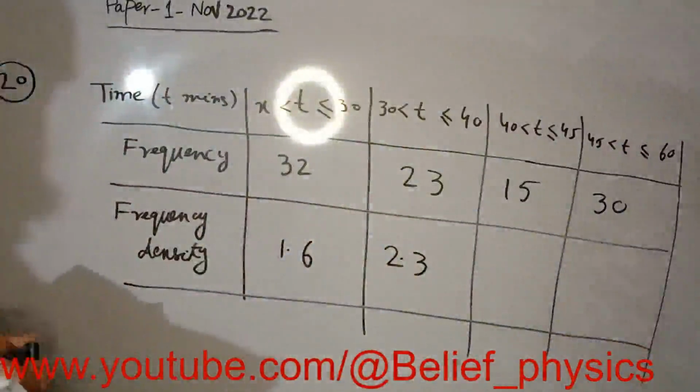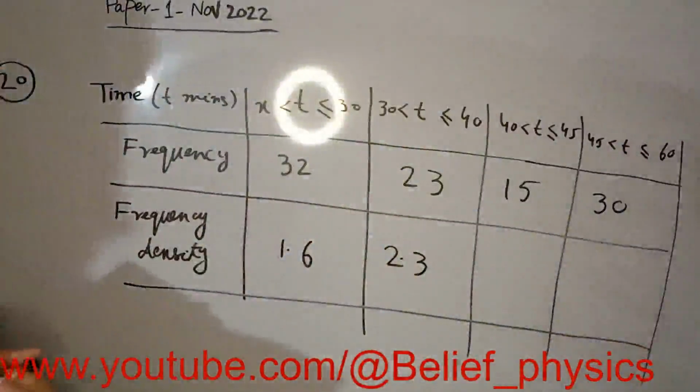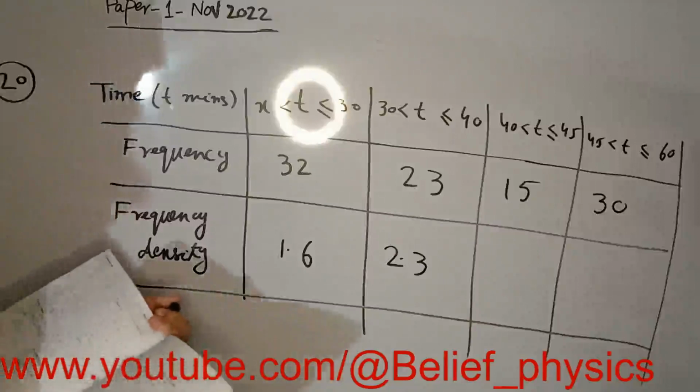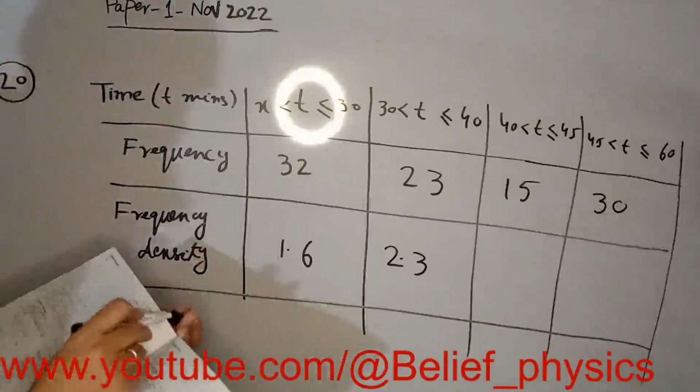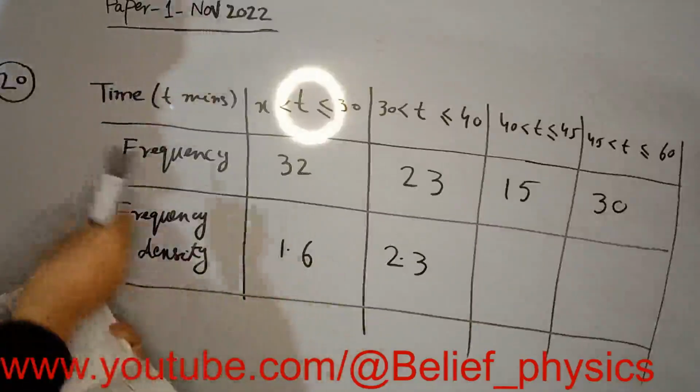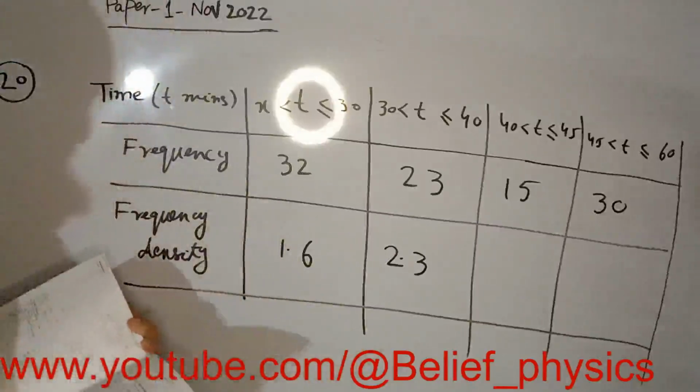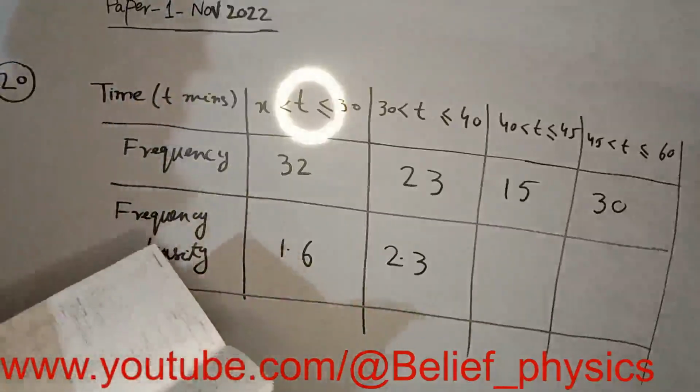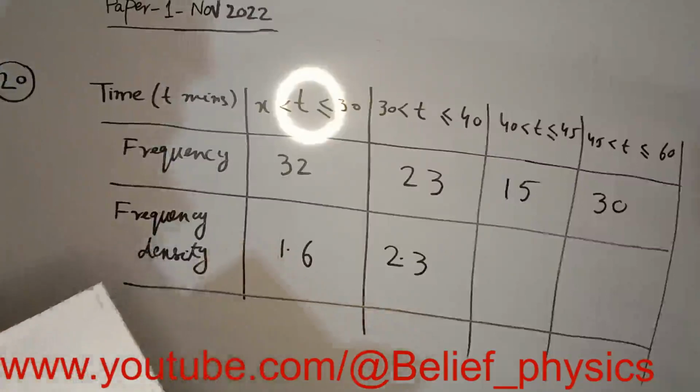Question is, the table shows some information about the times each of 100 children spent on reading in one day.